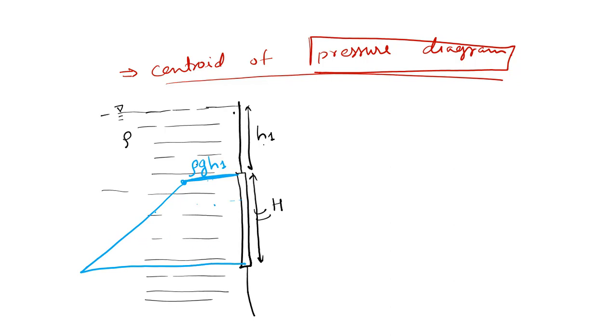This will be the pressure diagram. Now if I want to find the center of pressure for this, I have to find the centroid of this diagram from the free surface. That will be the center of pressure h bar, right?